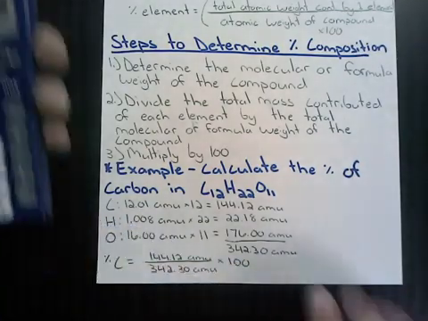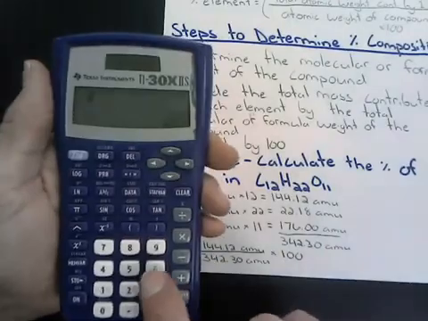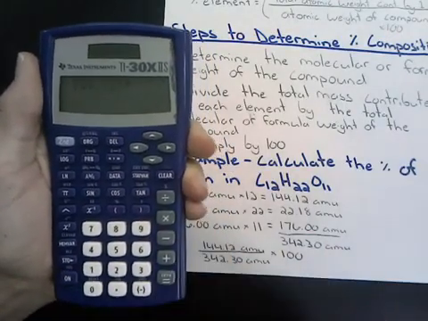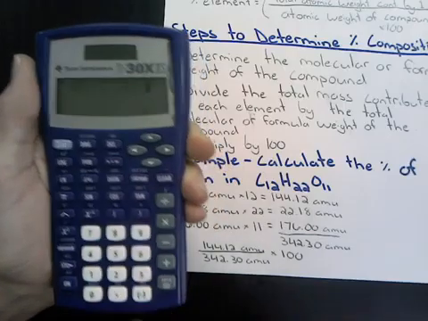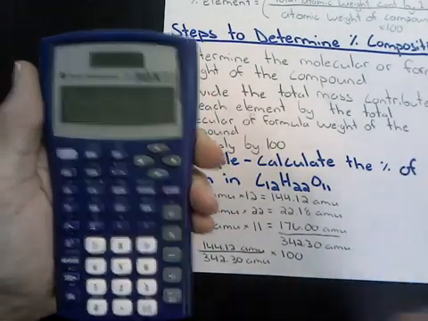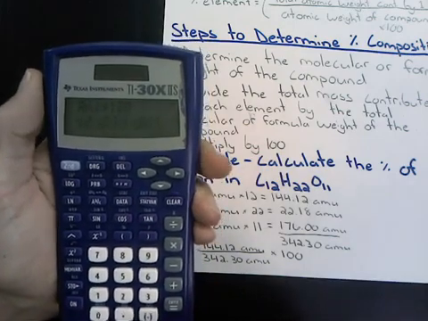Okay, so in my calculator, what I'm going to do here is take 144.12 divided by 342.30, press enter, and then multiply it by 100 so I can express this as a percent.